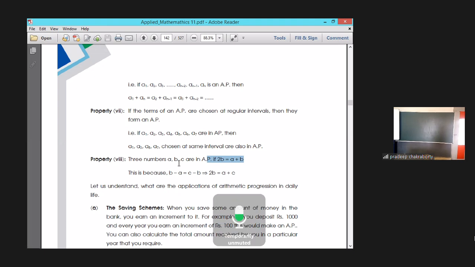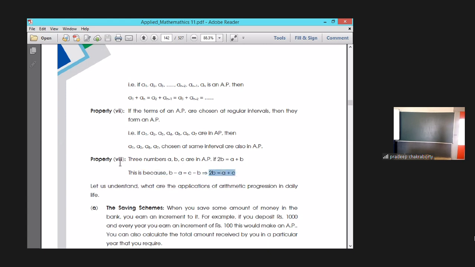And also, twice B equal to A plus B is not right, it is wrongly written here. That is a wrong statement written in the book. Sir, नीचे भी twice B is equals to A plus B लिखा है. हाँ, so you see this line, the second line is correct.